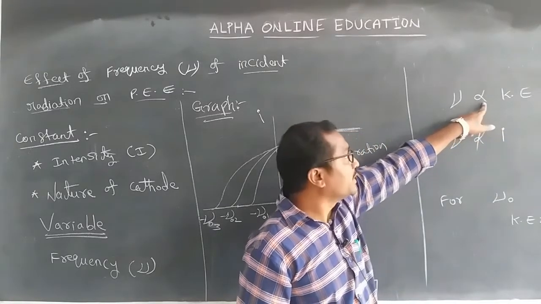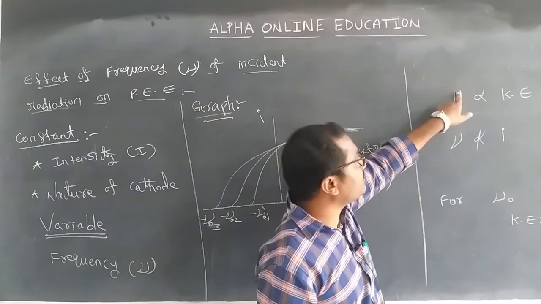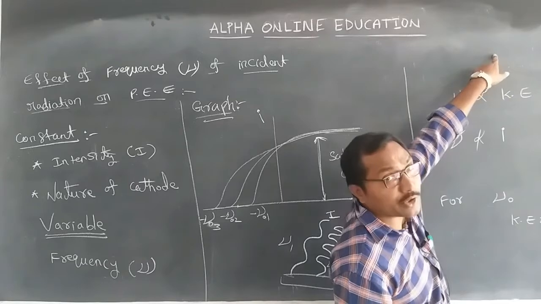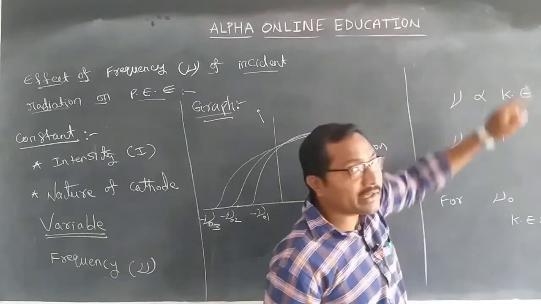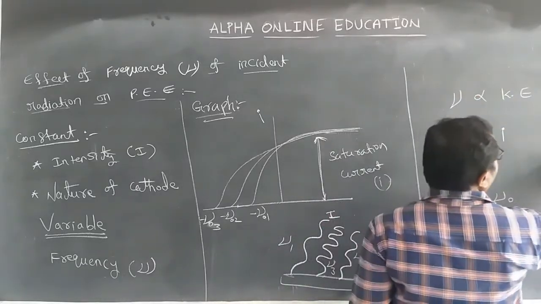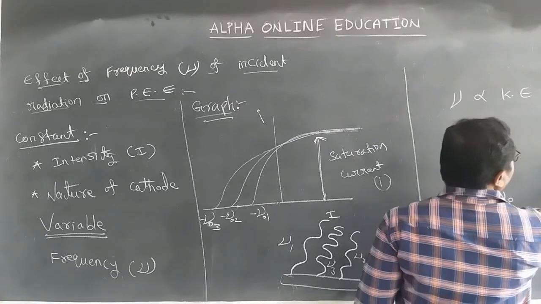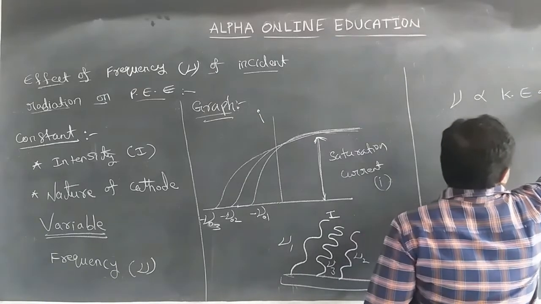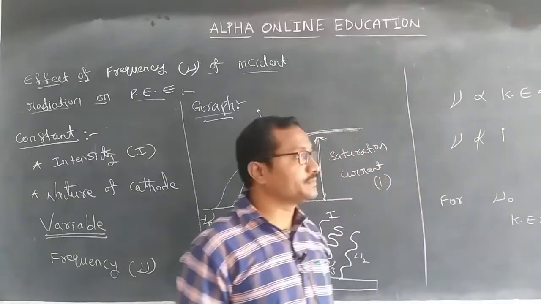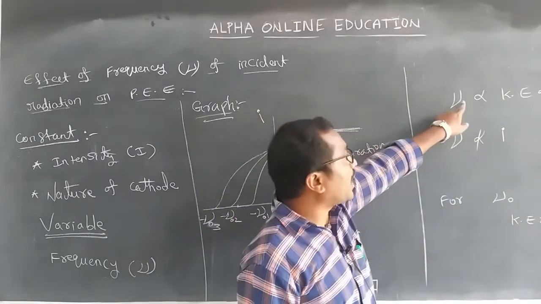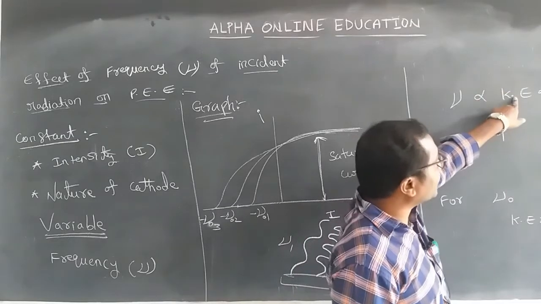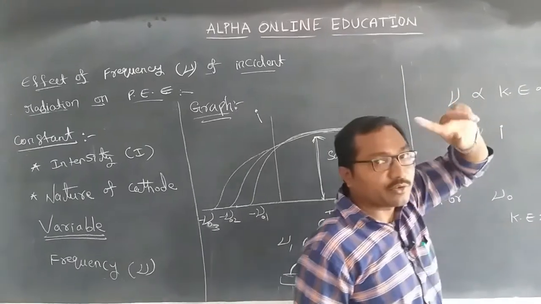It means if the incident frequency increases, the kinetic energy also increases. As the kinetic energy increases, we know the relation that the kinetic energy is equal to e times the stopping potential. So it is proportional to the stopping potential also. As the frequency changes, the kinetic energy is affected, and as the kinetic energy is affected, the stopping potential is also affected.